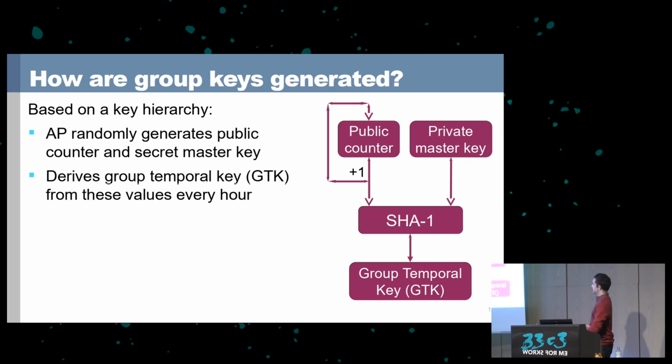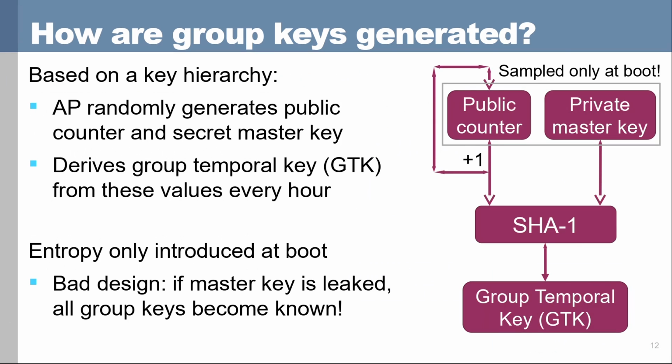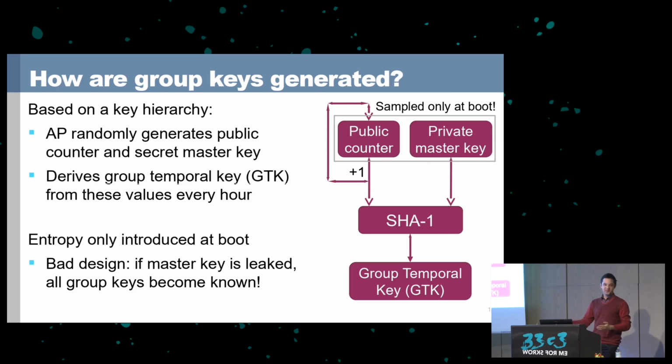Unfortunately, this design is actually quite bad. Why is that? These two values are only randomly sampled when your device boots, and new entropy is never introduced into the system. So if an attacker compromises this key and knows it, he can predict all future keys, or in our case, if the random number generator is bad, we can probably predict all future keys that are generated.